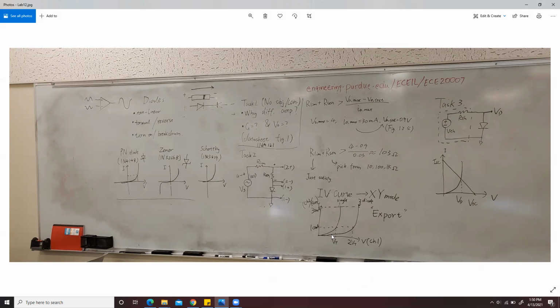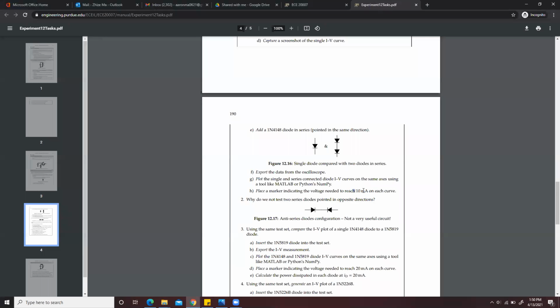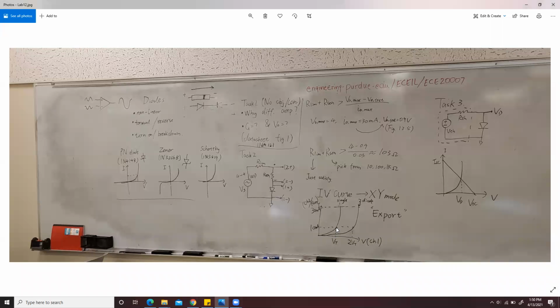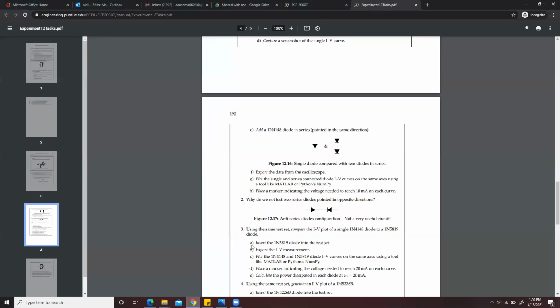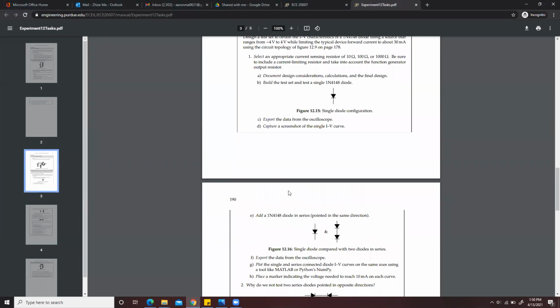If you did everything correctly, this is the curve for the single diode, and this is the curve for the two diodes. If you measure the voltage at 10 milliamp, the voltage for the single diode should be half the voltage of the two diodes in series. So that's how you do task 2, question 1.